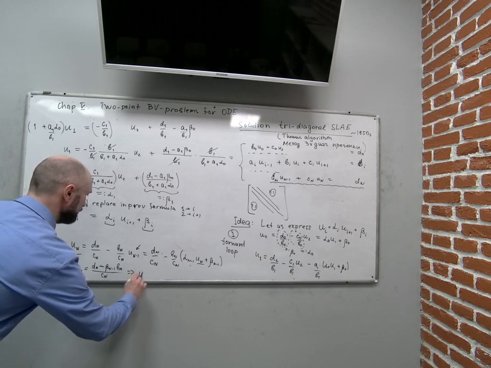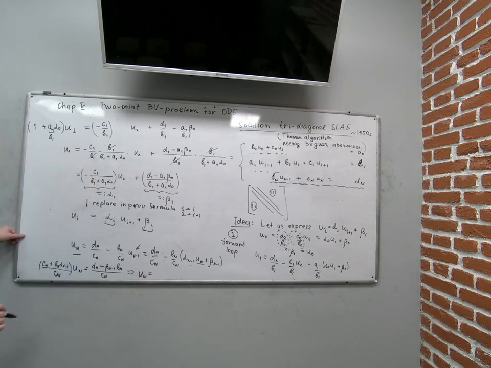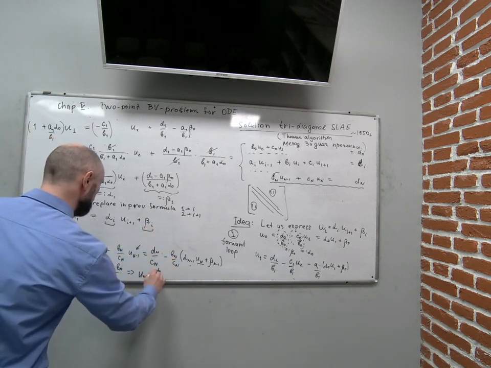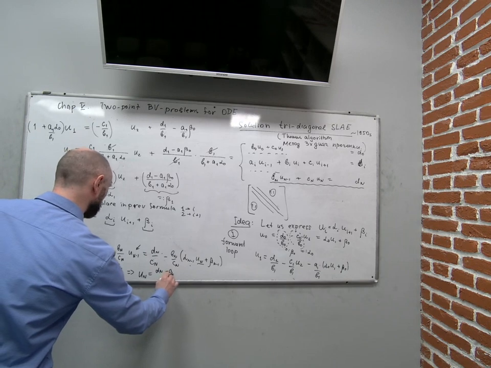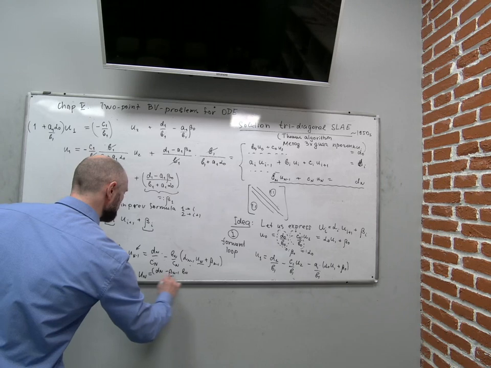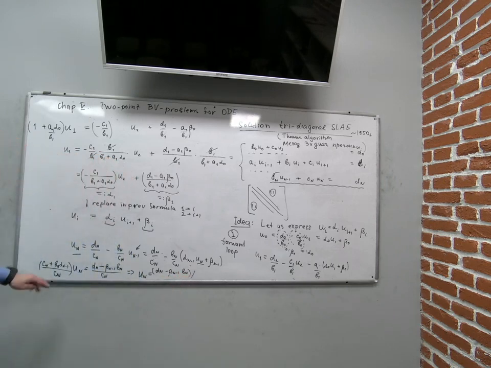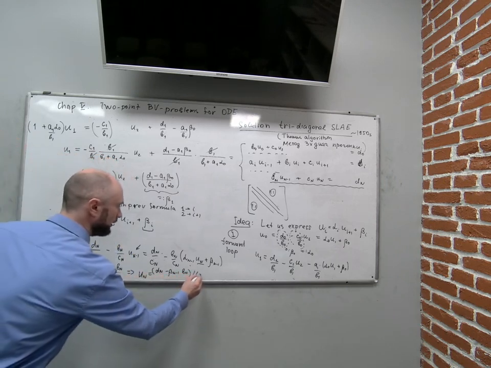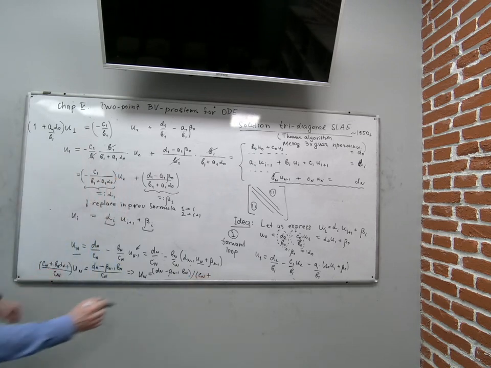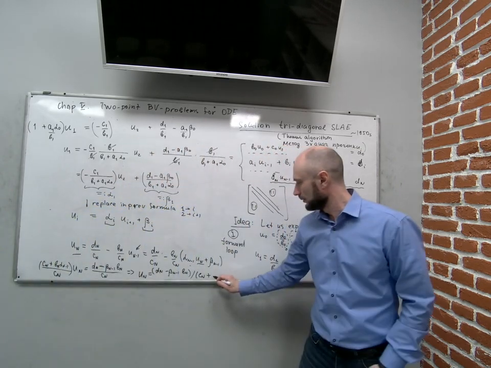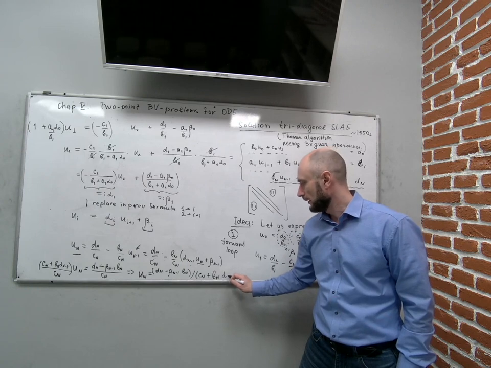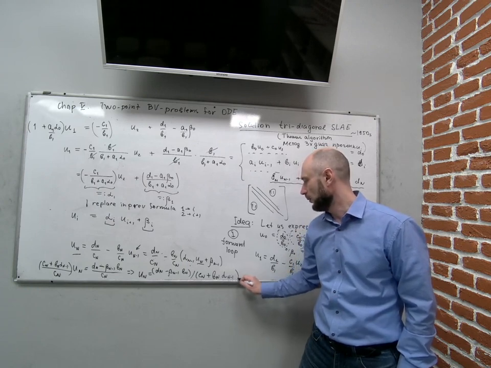Okay. And then finally un is equal to dn minus beta n minus 1 bn divided by cn plus bn alpha n minus 1.